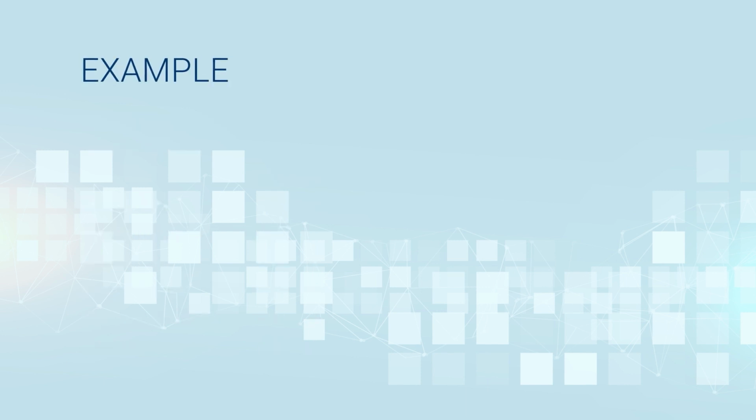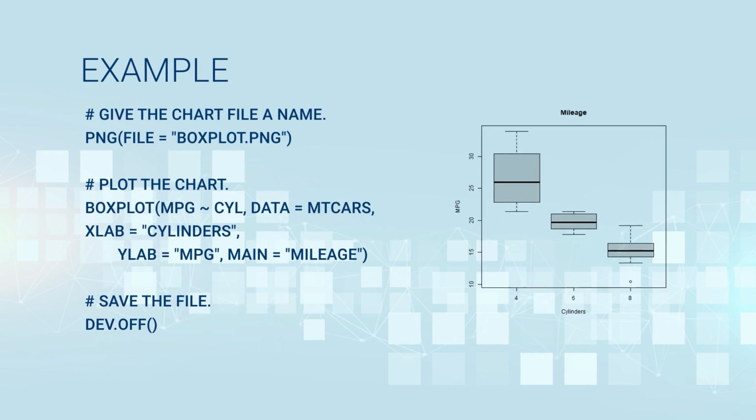Now if you simply want to draw a box plot of this, start with the PNG file, whatever you want to name it, and then start with the boxplot. Then you use mpg, which is miles per gallon, and then there is a relation symbol, showing a relation between cylinder and mpg. So mpg, then this relation symbol with cyl, and whatever data you want to input here.